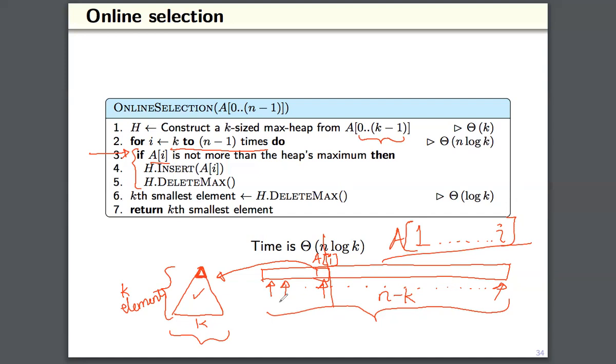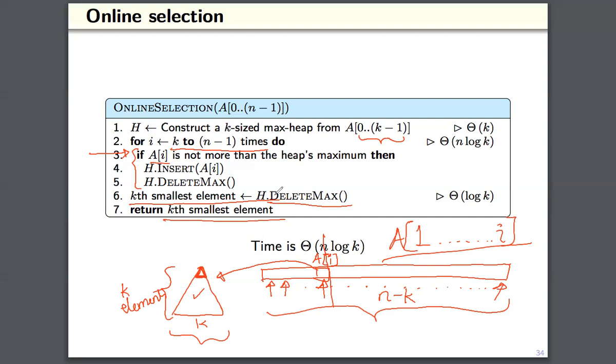Yes. So you keep repeating this logic until the end. At the end, you will have the top k elements in the heap. If you want to find the kth smallest element, what do you do? Once you have this heap, just remove the topmost element, the root element, that is delete max. That is your kth smallest element. If you want all the top k elements in sorted order, you can go ahead deleting multiple times.